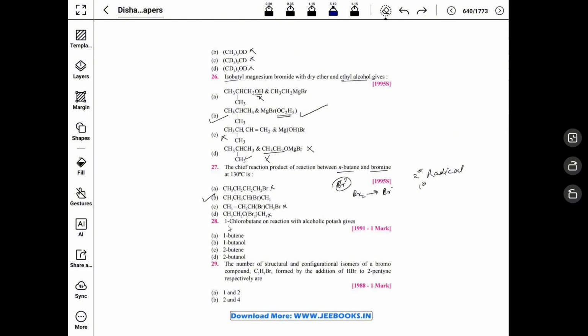Okay, now moving to question number 28. 1-chlorobutane on reaction with alcoholic potash gives. So alcoholic potassium hydroxide will lead to the formation of butene through elimination reaction.